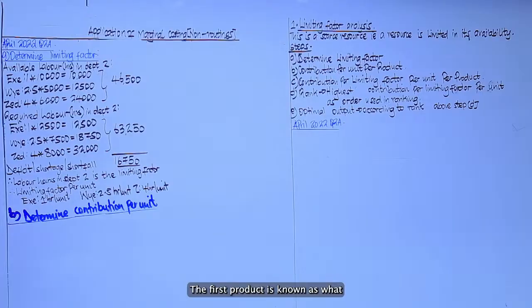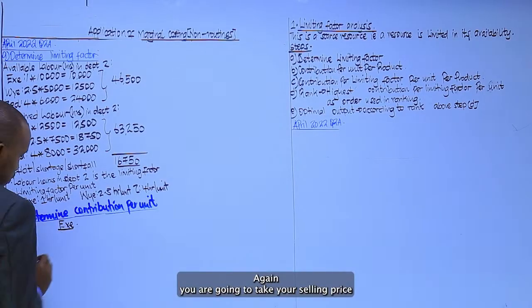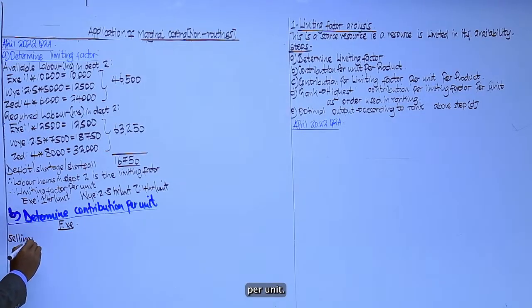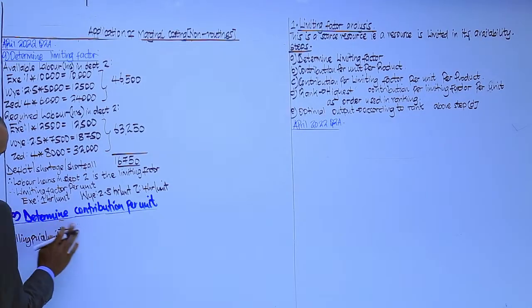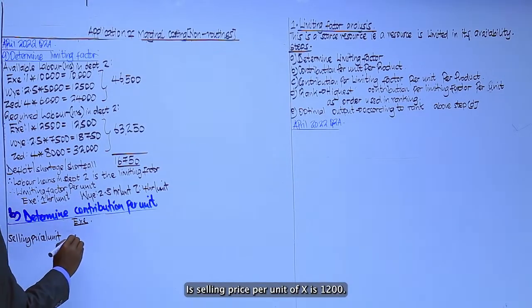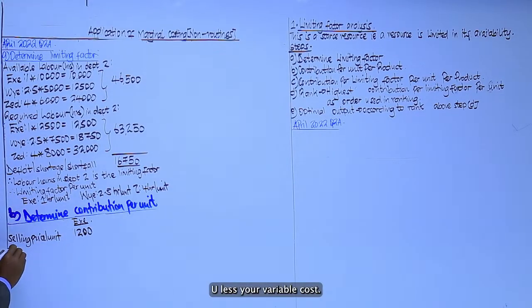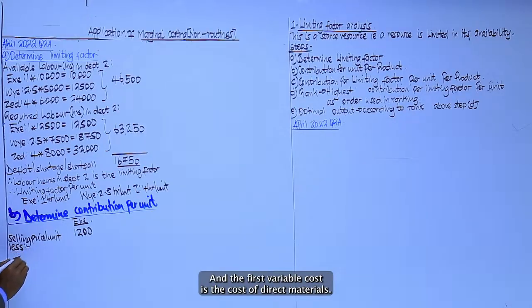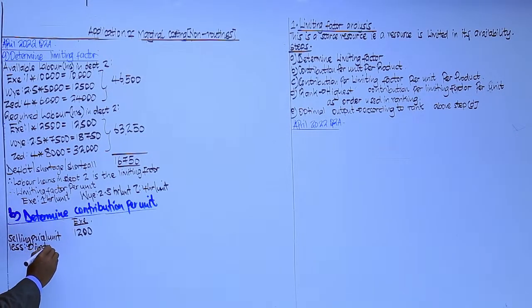The first product is known as X. Again, you're going to take your selling price per unit. Your selling price per unit of X is 1,200. You less your variable cost, and the first variable cost is the cost of direct materials.